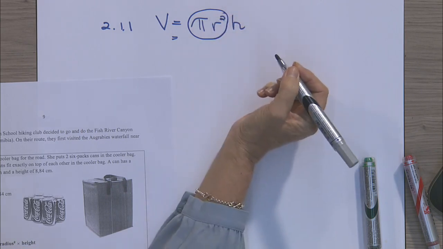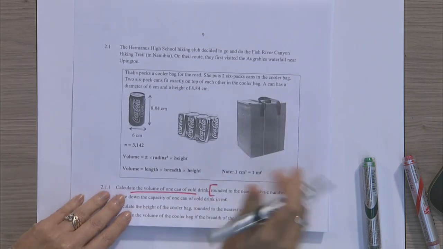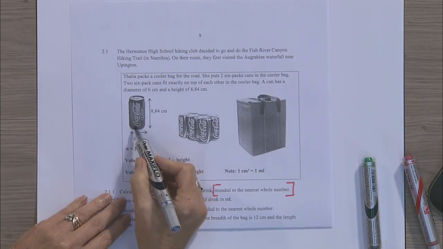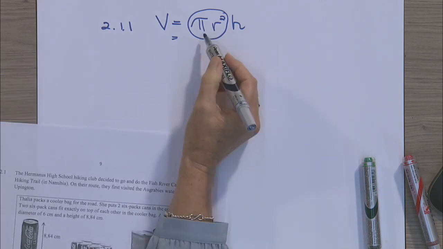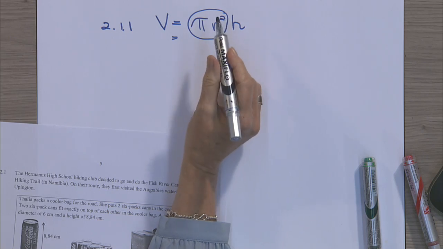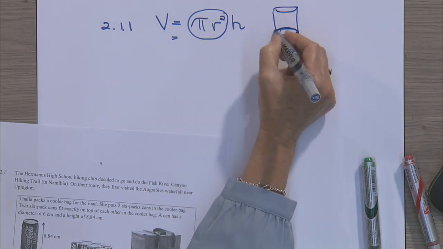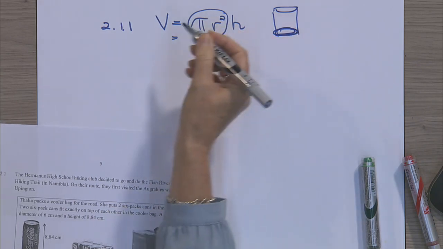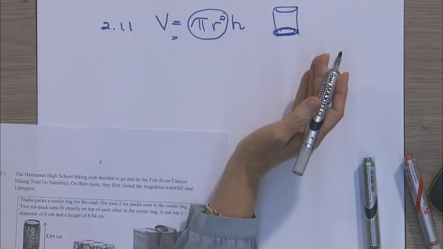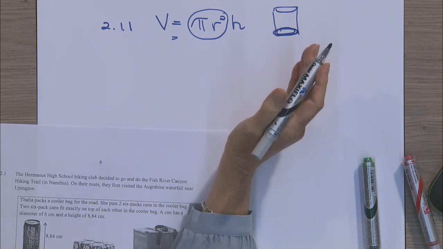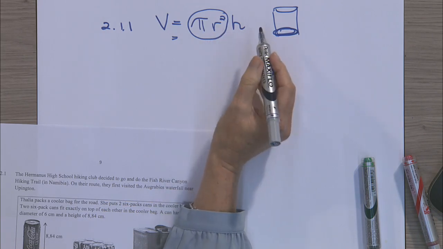Pi radius squared is the area of the base on which the cylinder is standing, and a cylinder stands on a circle. So that's why it is pi radius squared. So if we have the cylinder here, a cylinder stands on a circle. So the volume of any prism is area of the base times the height of the cylinder. So pi radius squared times height.